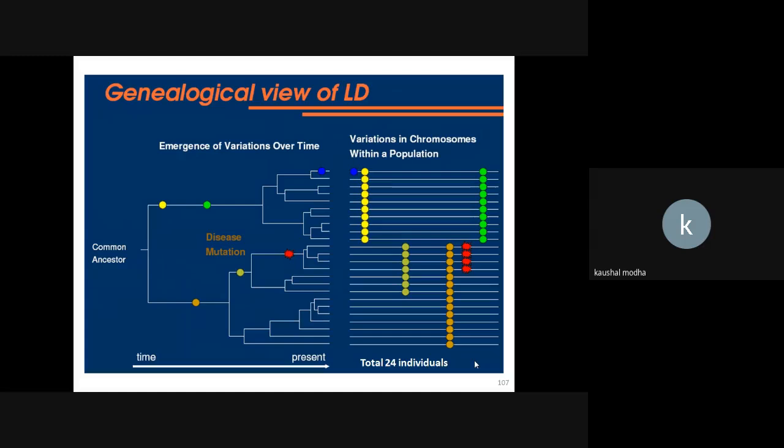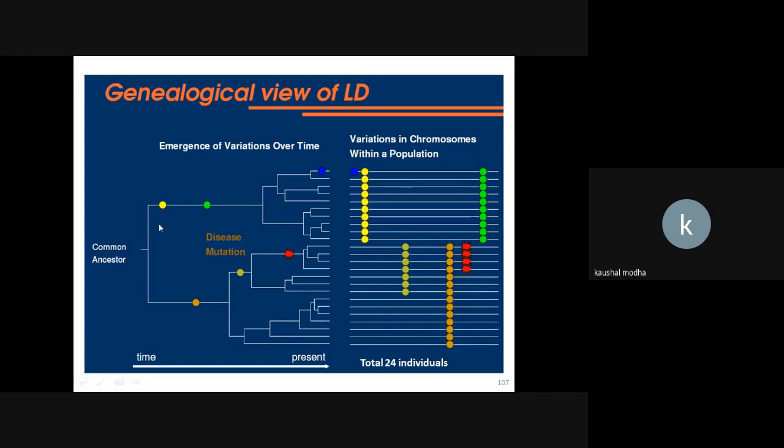Now to understand the difference between LD and R square, I have one example. Let us start with the common ancestor. We are studying LD in this population. This common ancestor allele is mutated. There are different points of time where mutation occurred, and this common ancestor population diverged into many germplasm lines, many genotypes.